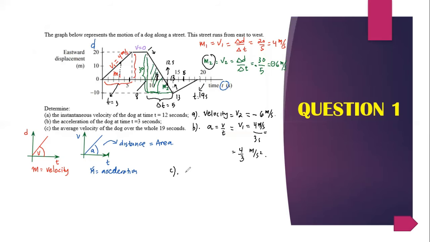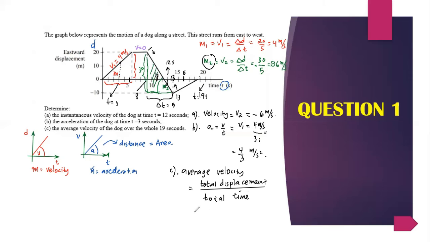The average velocity equals total displacement over total time. Is it clear to everyone?